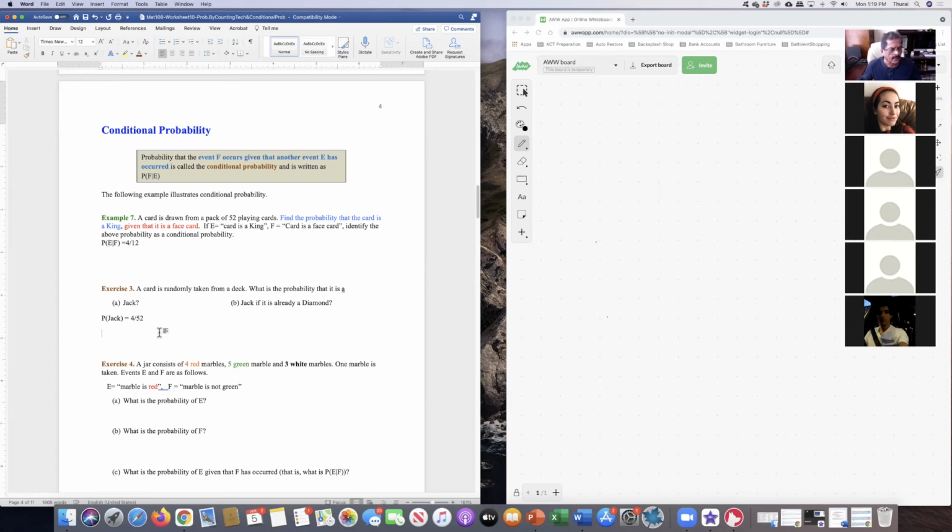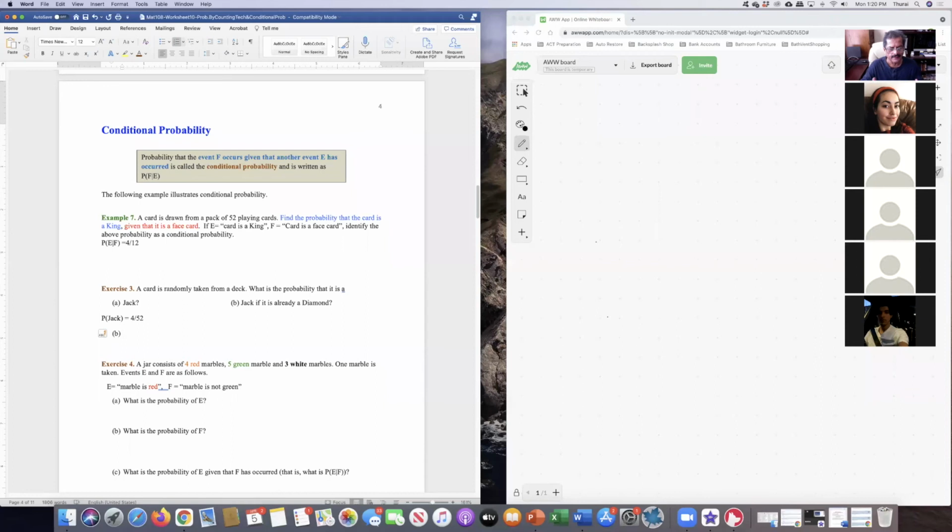Now going to part B, it says if you already know that it's a diamond, then what is the probability it's a jack? Anybody? 4 out of 13. No, it's not 4/13. It's 1/13.